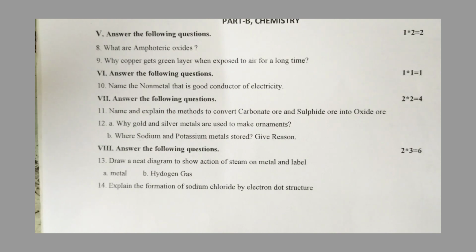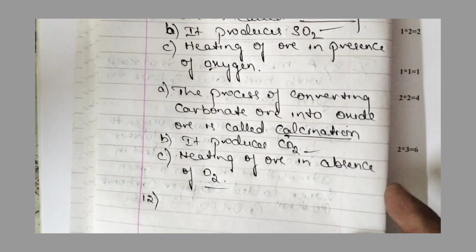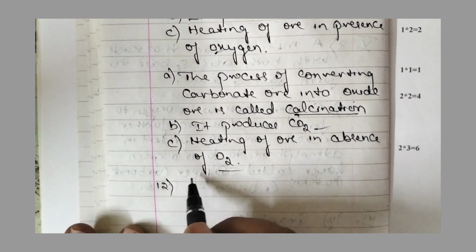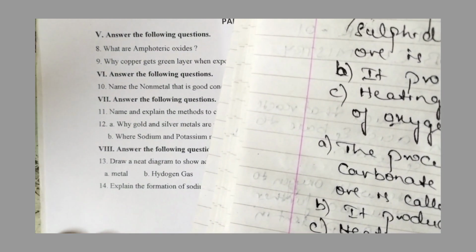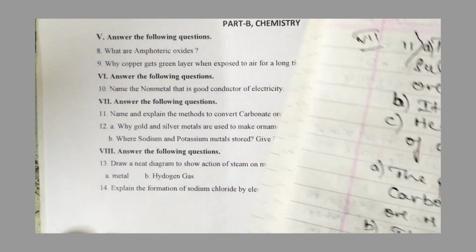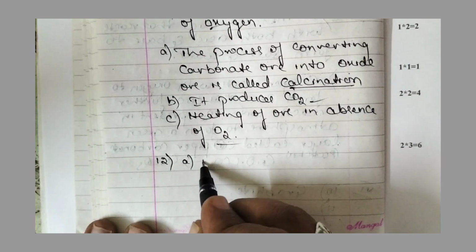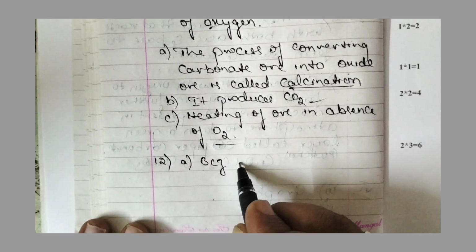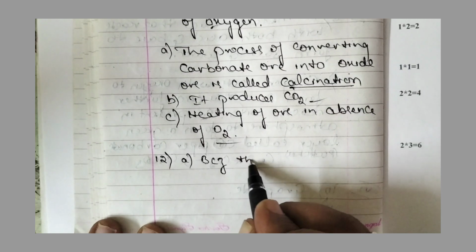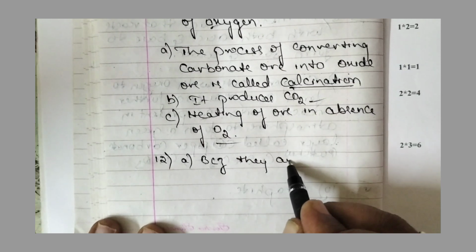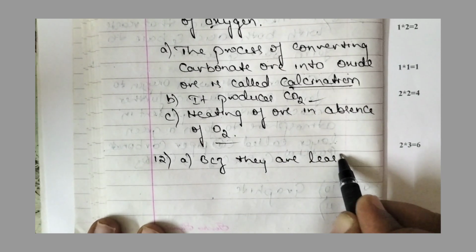So now let us answer question number 12. The first question is, why are gold and silver metals used to make ornaments? A, because they are least reactive metals.